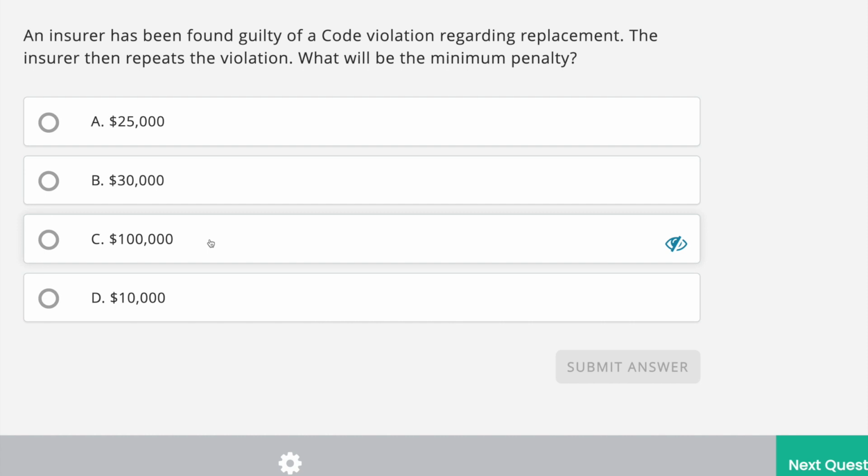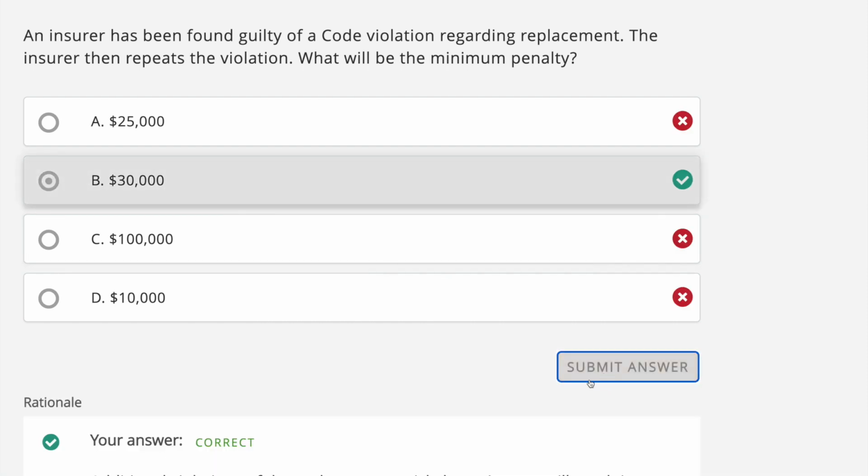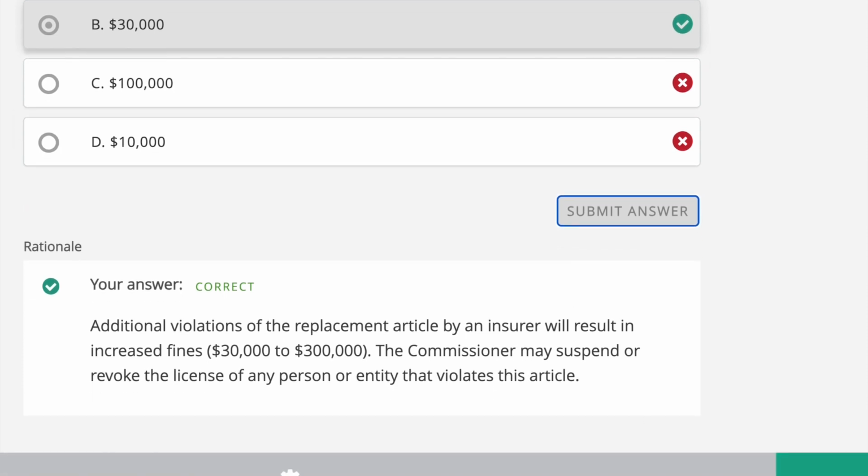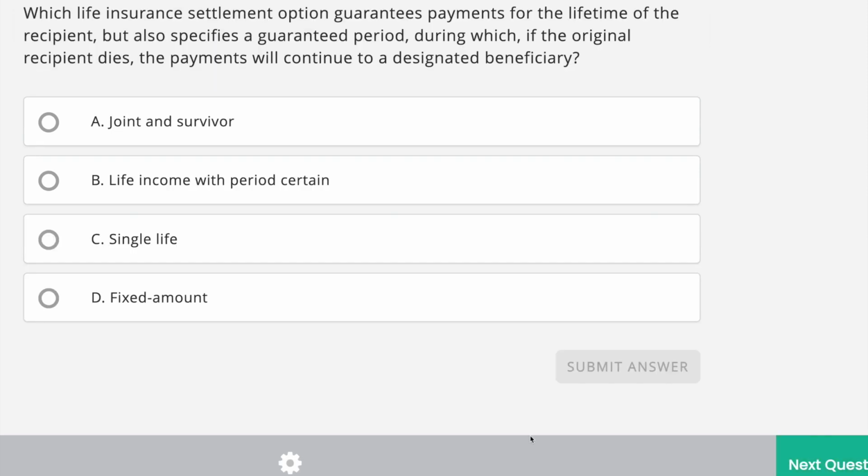This is the insured. 30,000? Yeah, 30,000. There it is. So the answer is 30,000. I thought it was 50,000, but I don't see 50,000. So it's 30,000 on the repeat violation. The first violation is $10,000.